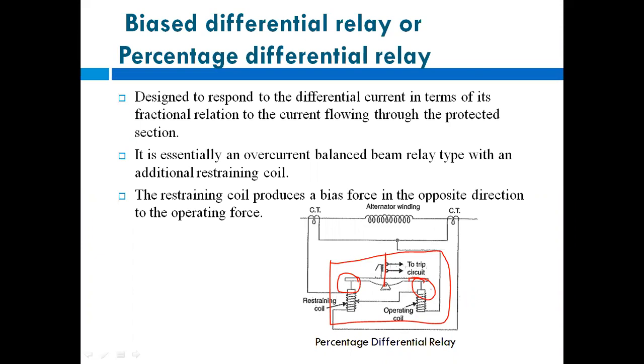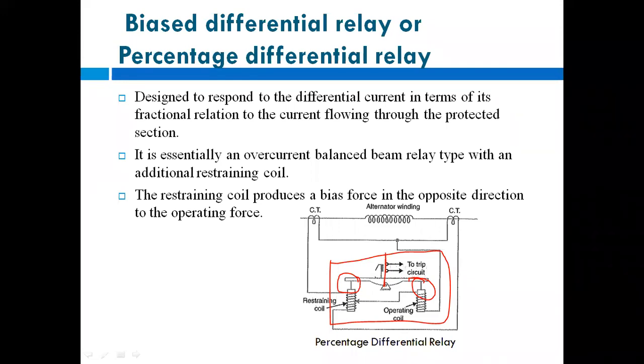But what happens when any fault occurs? The current flowing through the operating coil increases, and this will attract this beam towards the coil.